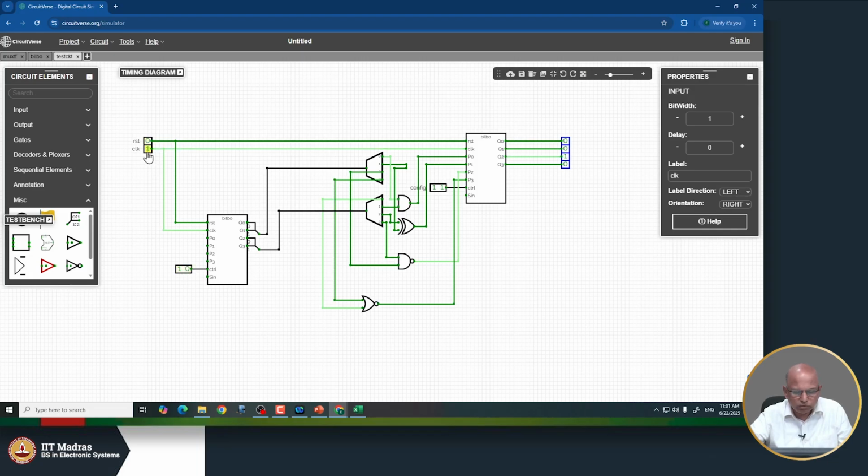So MISR went to 0010, right, and then it went to remain there. Just make sure that these are changing. Let us make sure that the LFSR is working.